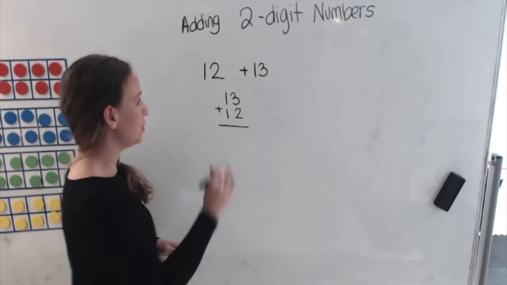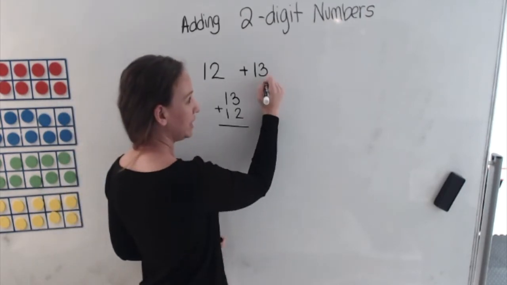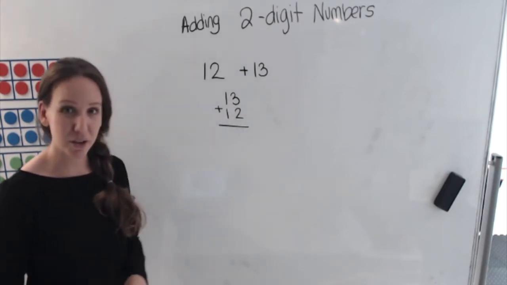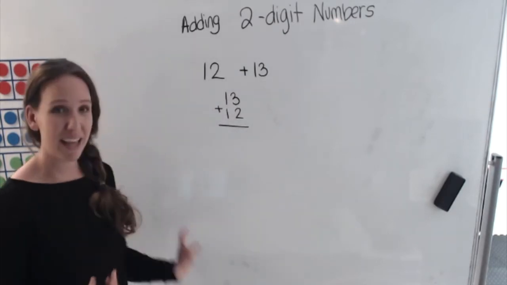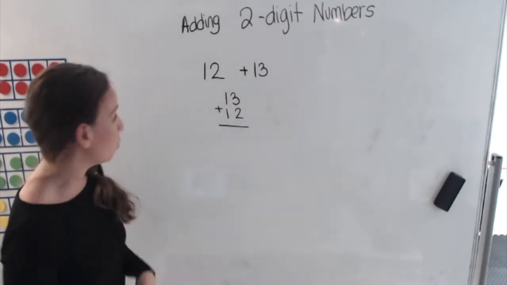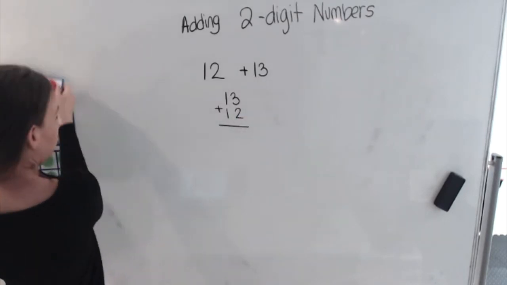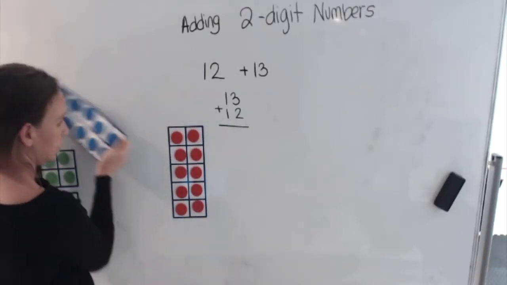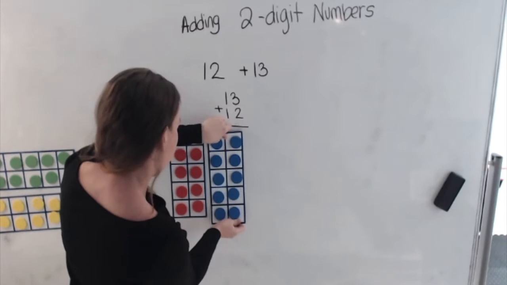And in case you don't know, this digit right here, the number at the end, that's called my ones, okay? That tells me how many ones I have. In fact, if you look at this, it's saying the number 12, I have 12 ones. Let's take a look here. So that makes 10.